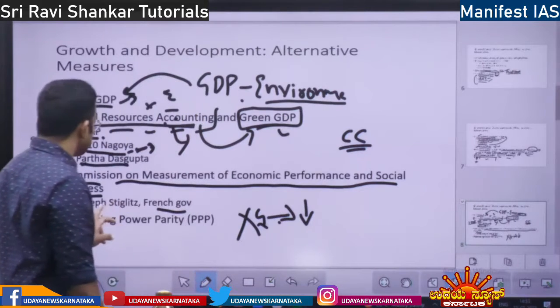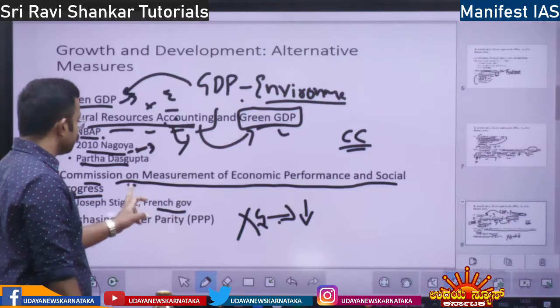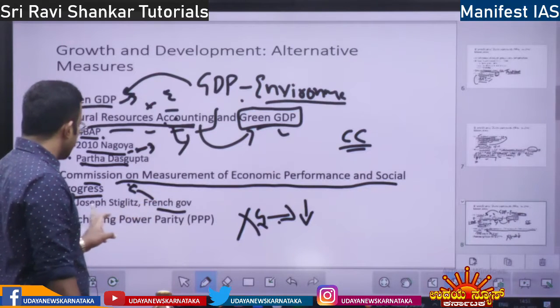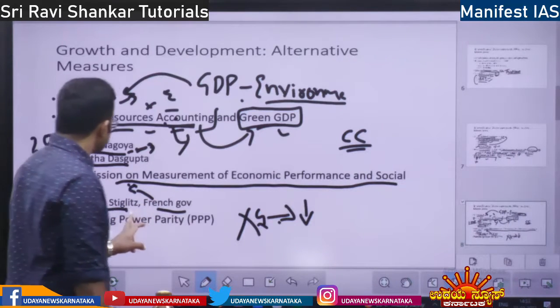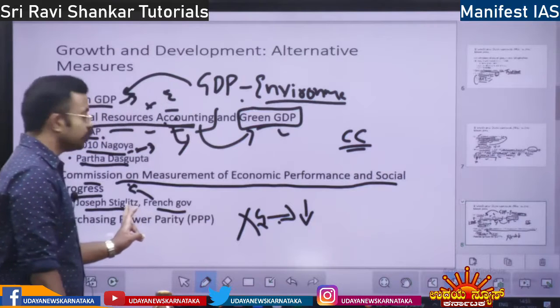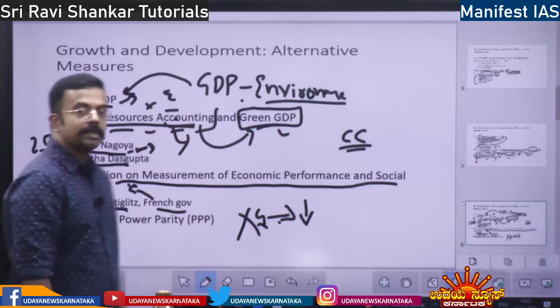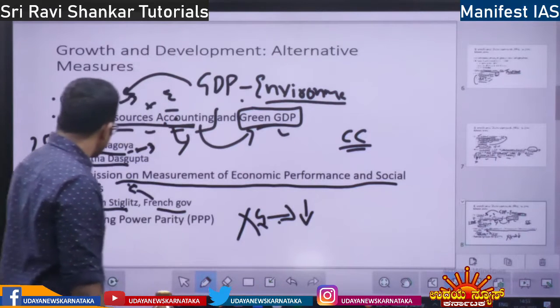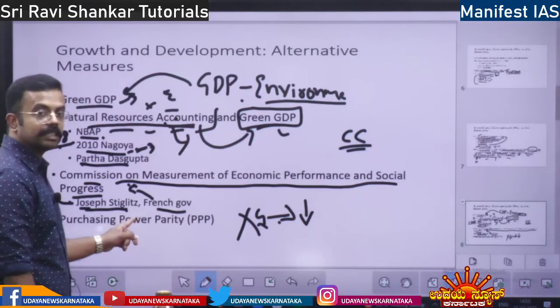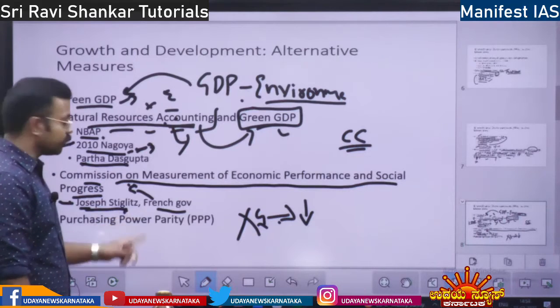All these things are measured. This commission was constituted by the French government, and under Joseph Stiglitz. Joseph Stiglitz is a very famous economist.